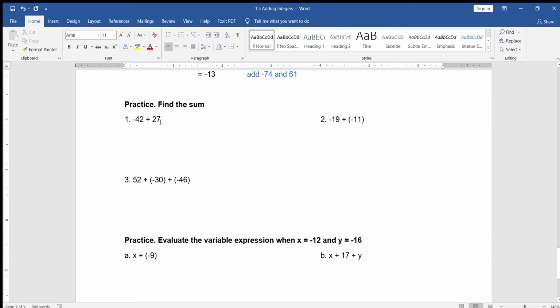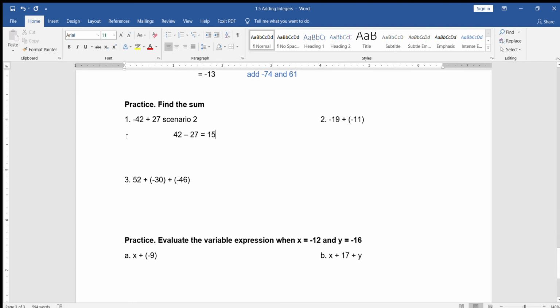So let's try number 1. This is scenario 2. Scenario 2 tells us we're going to subtract 42 minus 27, which is, let me compute that, 15.